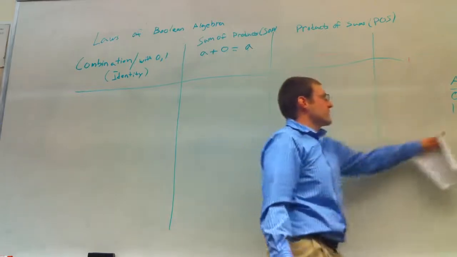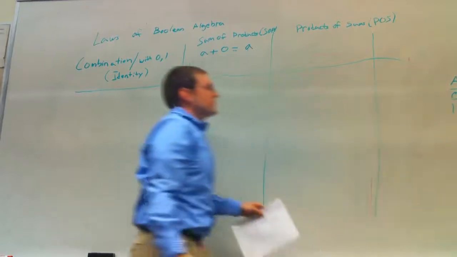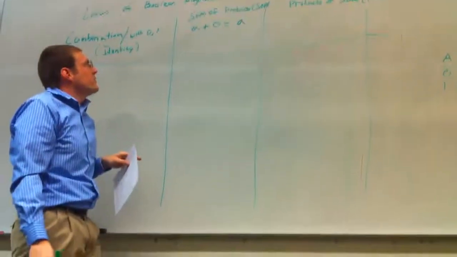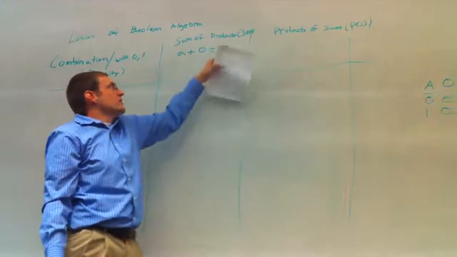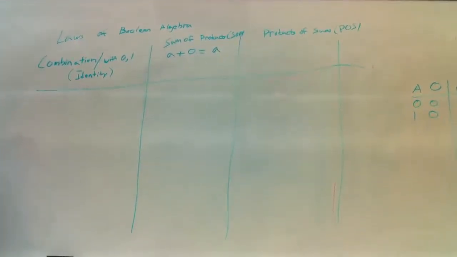So basically this is A. That's why we say any input ORed with 0 is always going to be the original input.